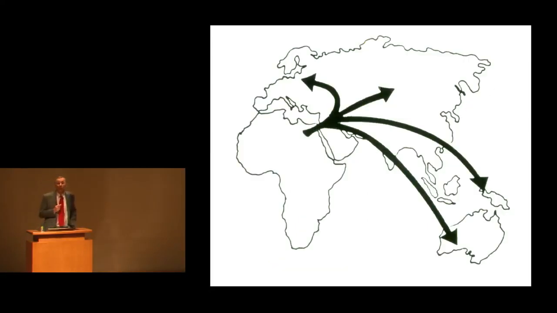So the model we suggested for this, that has since been borne out by other work, both by us and others, is to suggest that when modern humans come out of Africa, they presumably passed by the Middle East. We know there were Neanderthals in the Middle East.